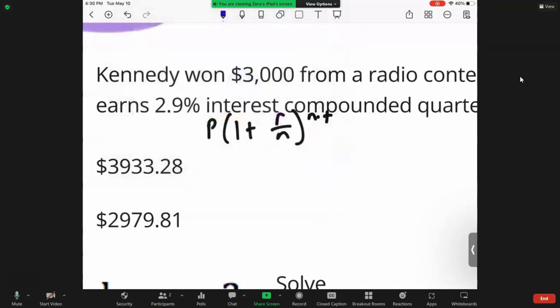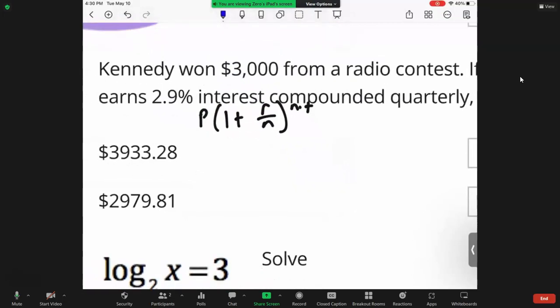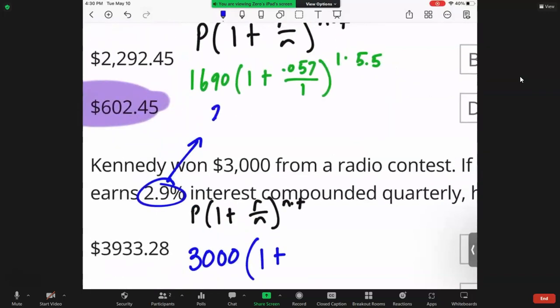P is the principal. How much did she get? $3,000. So that's going to be here, 3,000 first. 1 plus R. R is the interest rate, 2.9, right? But divide that by 100. 2.9 divided by 100. That's 0.029.